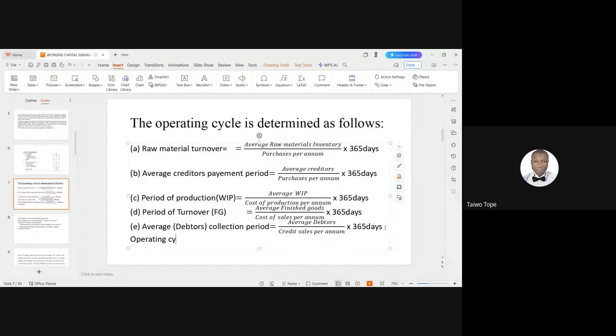Operating cycle will be equal to what? All the outcomes of your current assets, less the outcome of your current liability. Now, looking at this, raw material turnover is an item of what? Current assets, isn't it? I will say A, plus average creditors payment period, is an item of what?